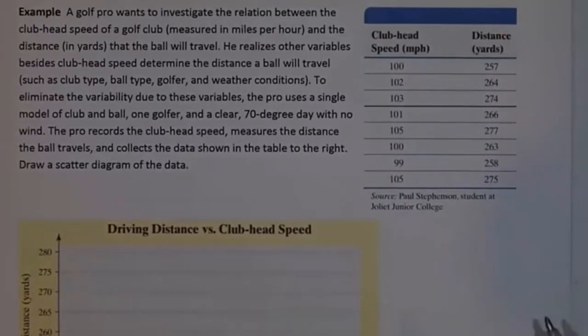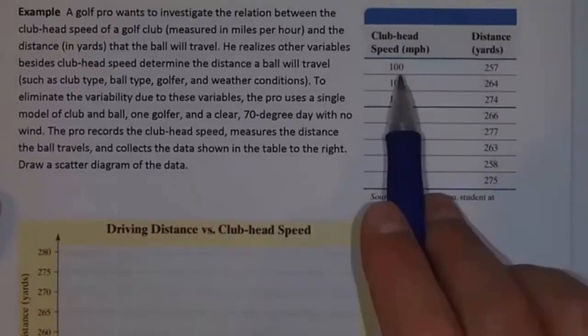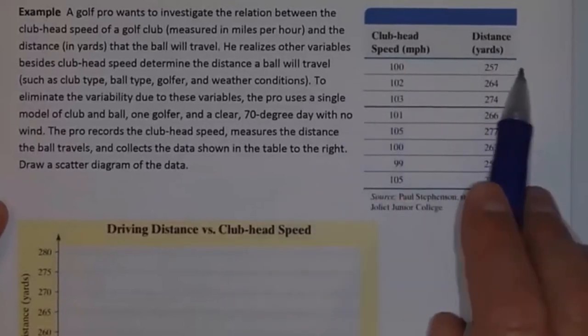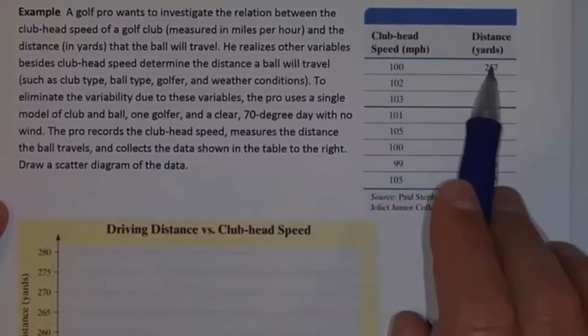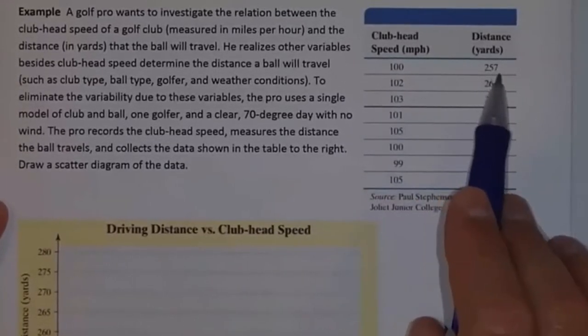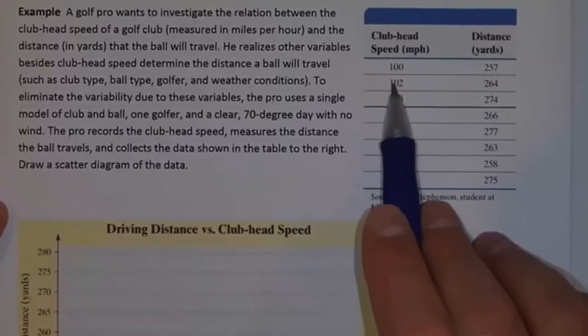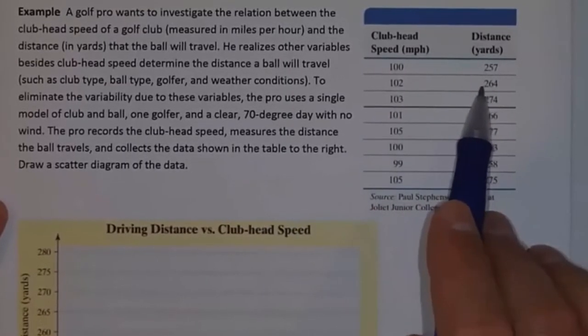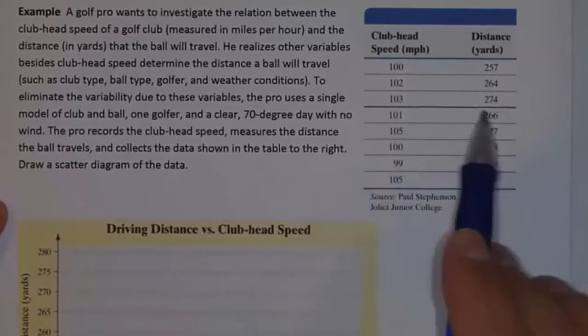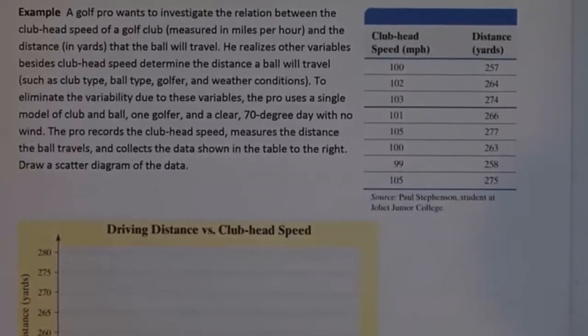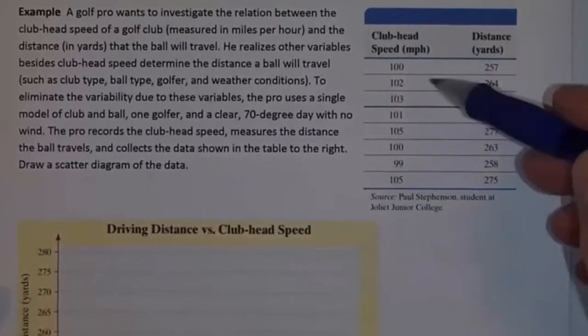So we're supposed to create a scatter plot of this data. This is like the first swing, so we have these two that go together. That's going to form an ordered pair. Second swing, these two go together, so that's an ordered pair. Third swing, fourth swing, and so on. So I'm just going to plot these 8 points.